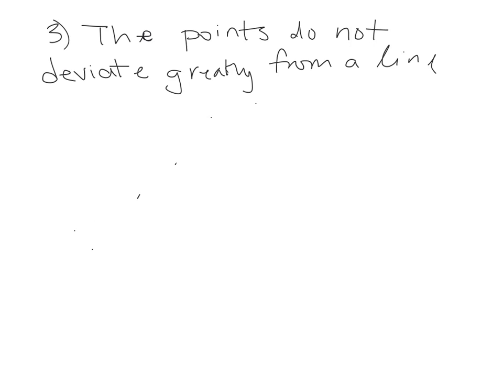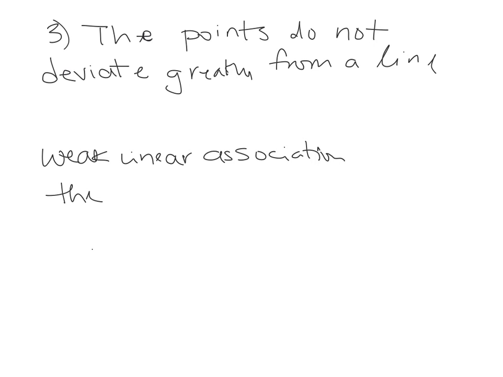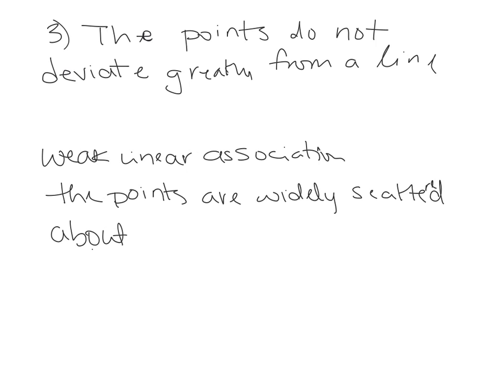And then part 2 of that is a weak linear association. The points are widely scattered about a line. These points might be in some sort of linear fashion, but the points will be all over the place. They won't be as tight as they would if they were going to have a strong correlation.